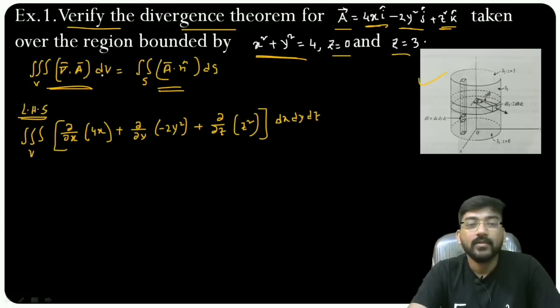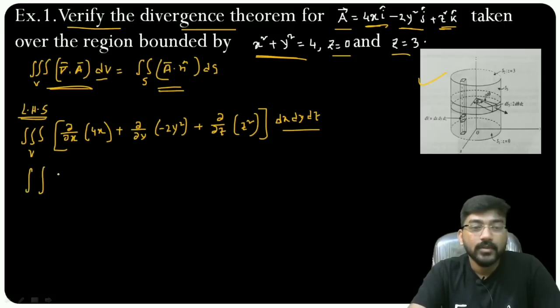In Cartesian coordinates dv means dx dy dz. So now we will have 4, minus 4y, and 2z, dx dy dz.